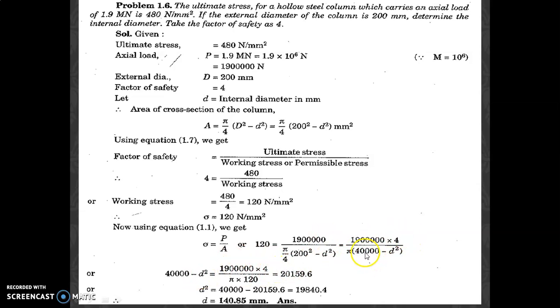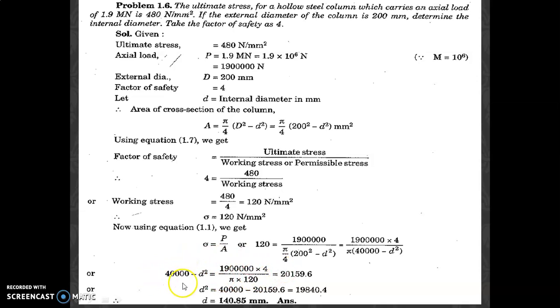So simplified here, 40,000 minus d square is brought to the left side. This is in the denominator, so it will come to the numerator when it is transferred to the left side. This 120 is transferred to the denominator.